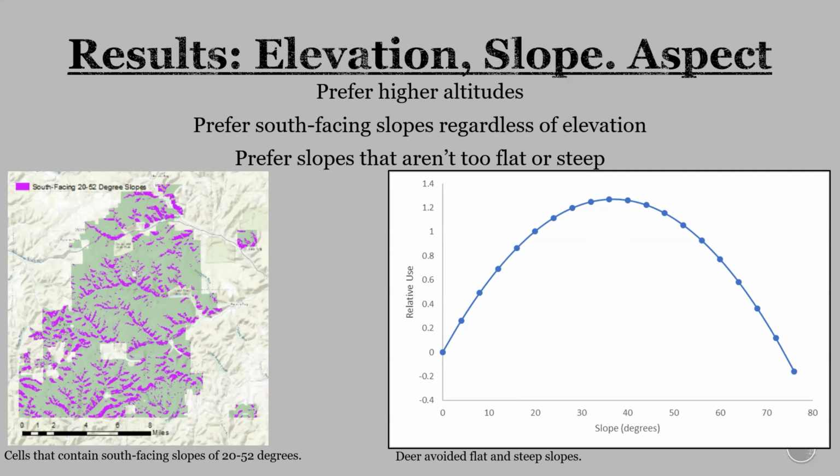So for this map, you can see a little visual of their preferred 20 to 52 degree south facing slopes in every area within the study area that had that.